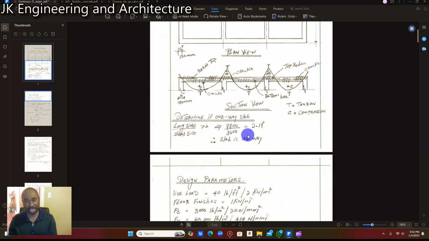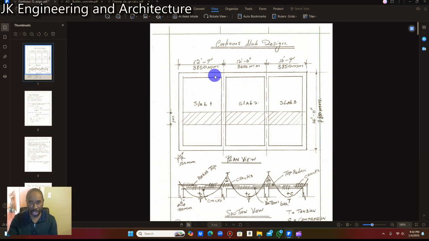And if it is greater than 2, it's going to be a one-way slab. So when we divide 7,800 millimeter by 3,600 millimeter, the result is 2.17, and we are getting this slab to be a one-way slab. All right.